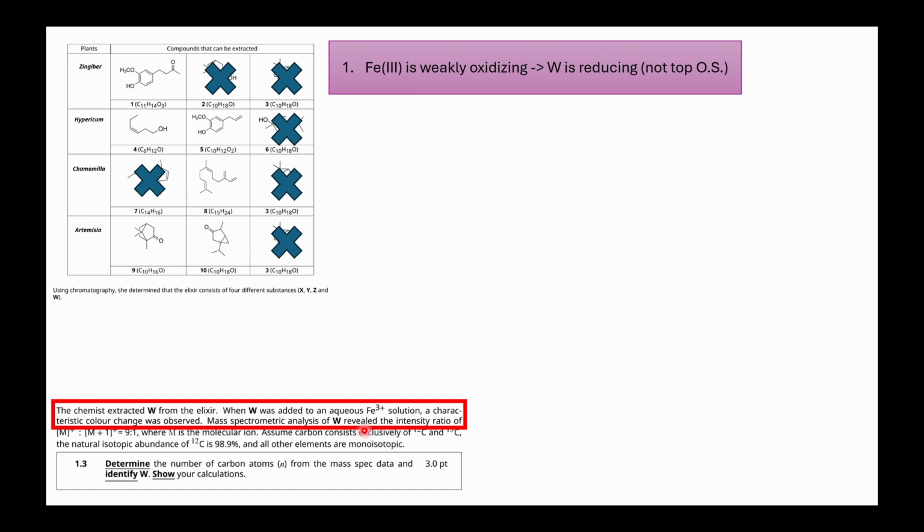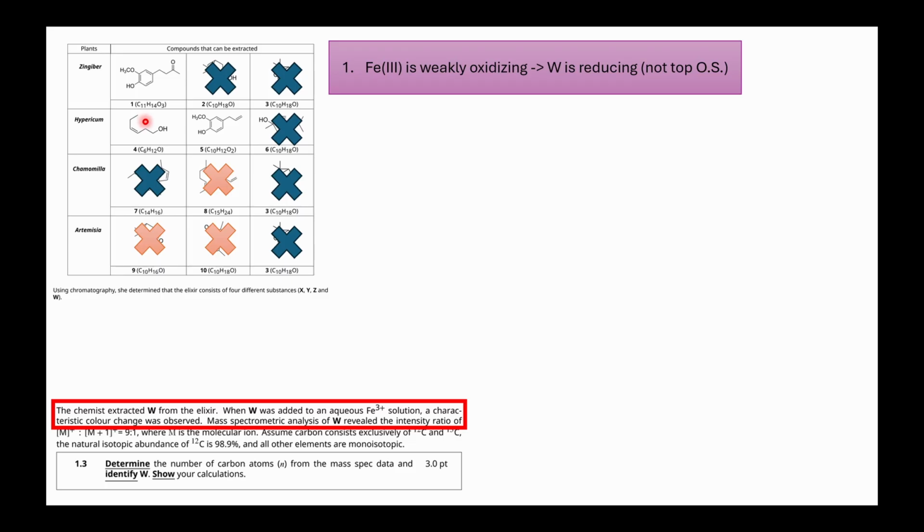But that's not what's happening here. You have a weak oxidizing reagent, so not gonna happen. And you have two ketones here, not gonna happen, because the carbons are already in quite a top oxidation state, and you're not going to do anything to the CC single bonds because they're not that reactive. So gonna eliminate those three.